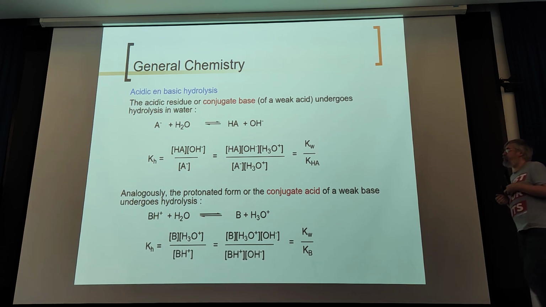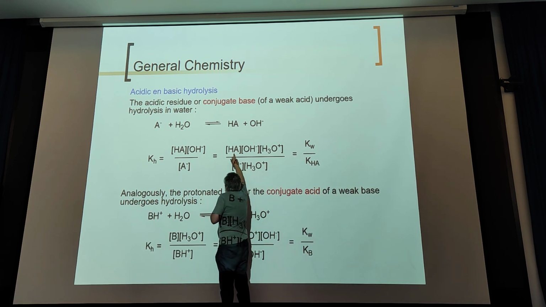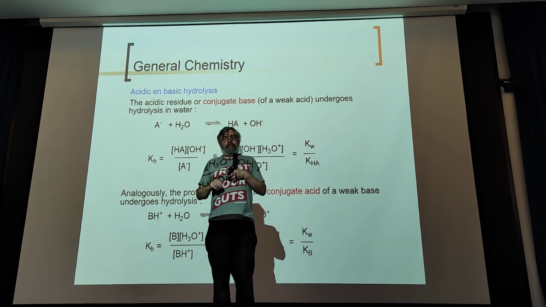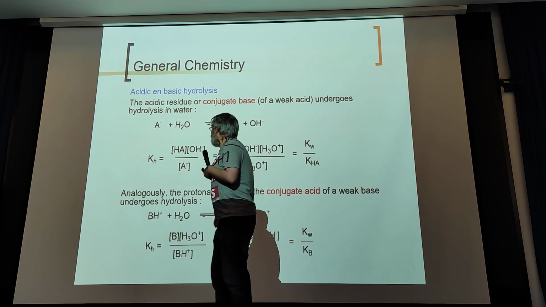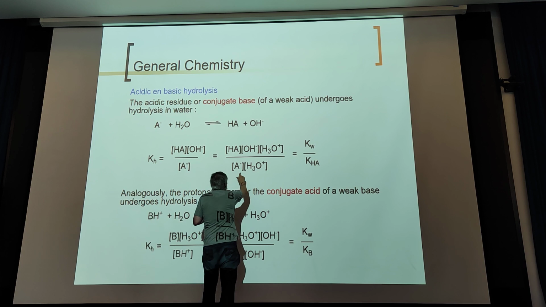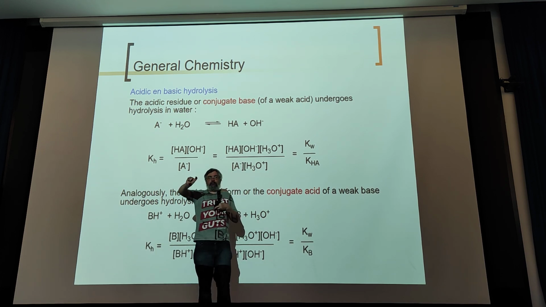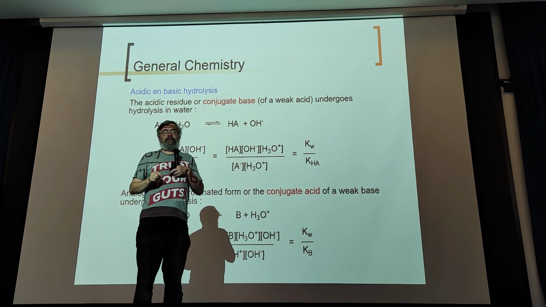If you see the combination of HA, A-, H3O+, these three concentration terms are for the ionization of HA, with these the products and this the reagent. That means it's the reciprocal of the equilibrium constant of the ionization.